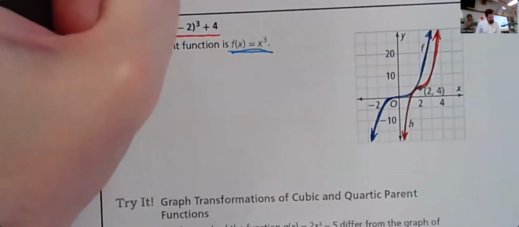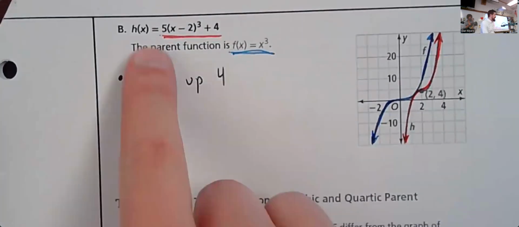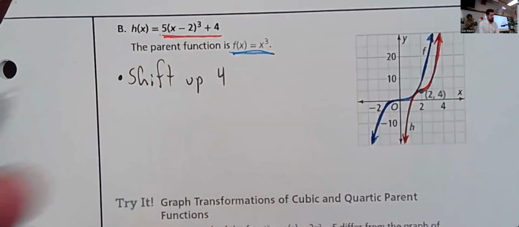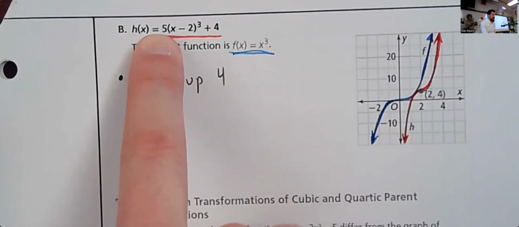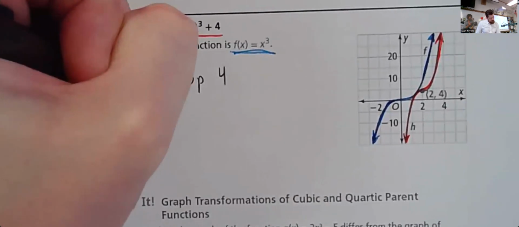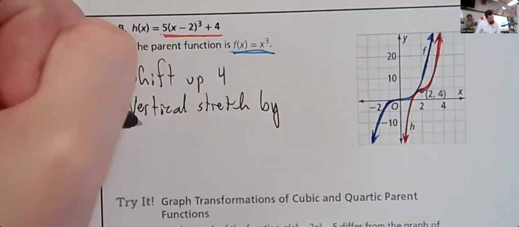Shift up 4, good. It is a vertical shift up 4. We have a 5 outside of the group with our variable. This is just like the last page as well. What does that mean? So the one outside. Stretch, vertical stretch. So vertical stretch by a factor of 5.